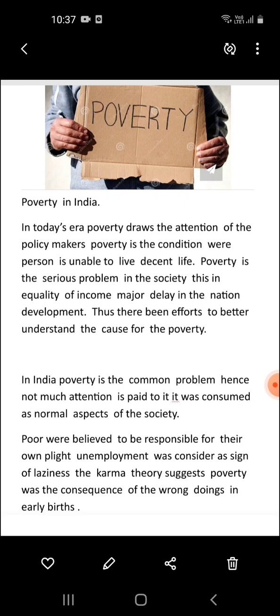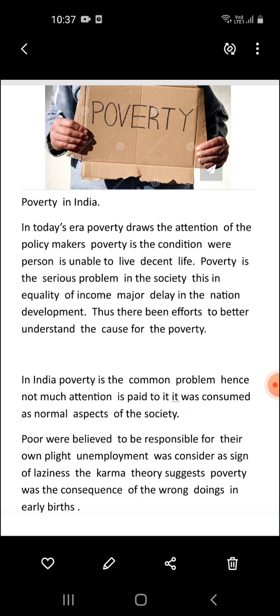So as you all know, in the previous section we have already studied free trade, its meaning, then its merits and demerits. In today's class we are going to study poverty. So the concept is poverty in India.